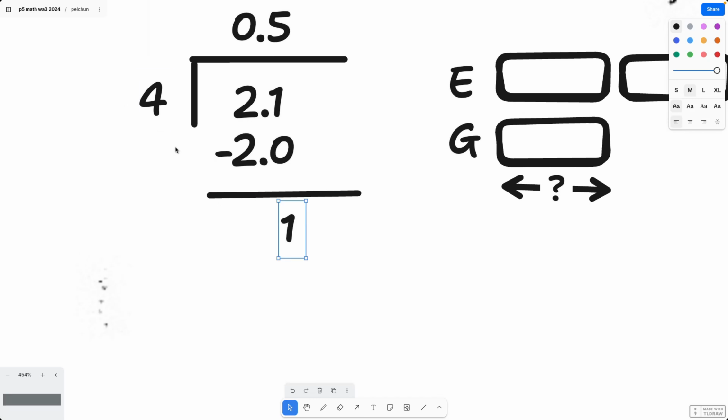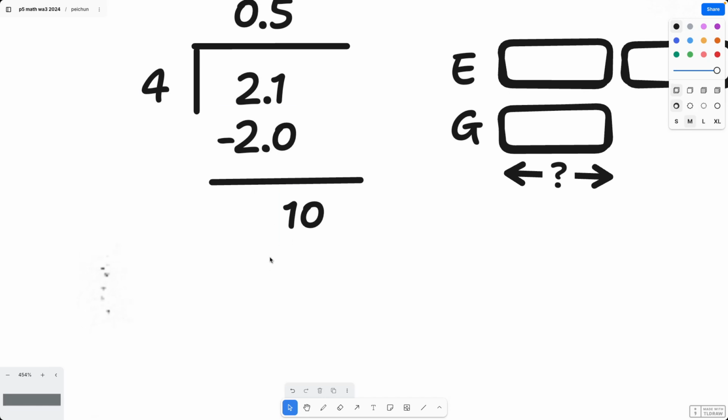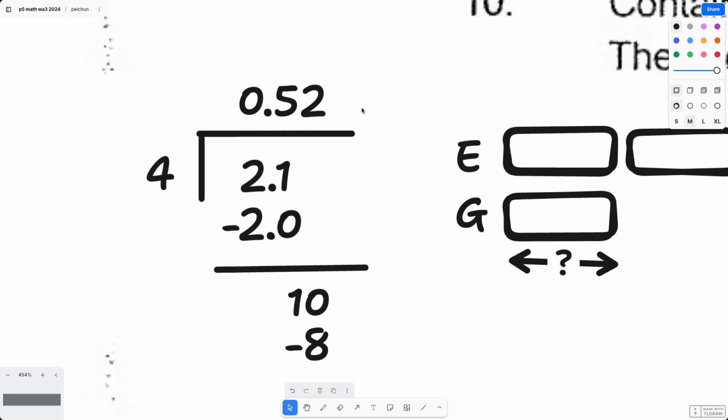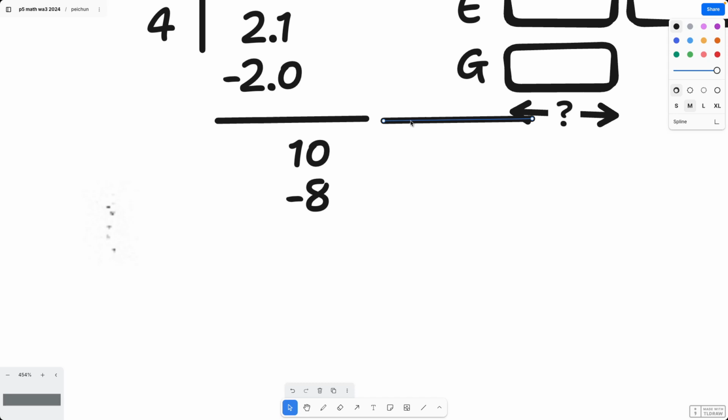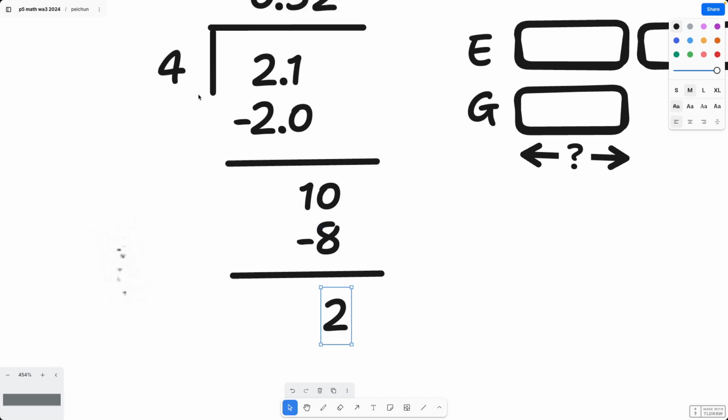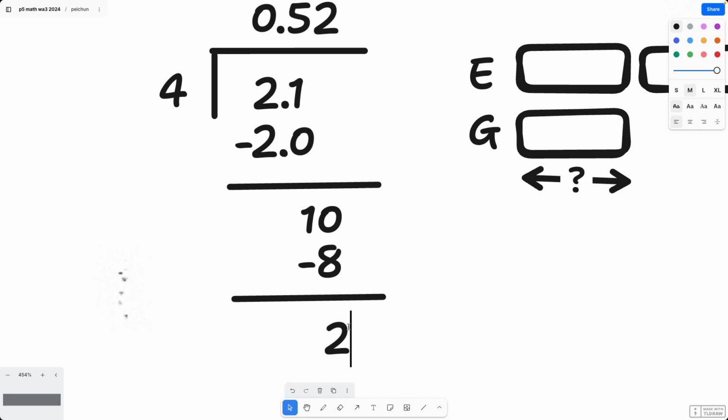So we cannot minus 1 from 4, so we're going to add 10. Can we minus 10 from 4? Yes, we can. So we will minus how much? 8, so minus 8. So 10 minus 8 over here. 8 is basically 2, because 2 times 4 is 8. And then this will give you 2. Same thing, 2 cannot minus 4, so we add another 0.